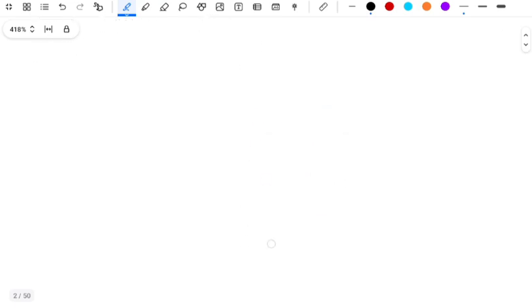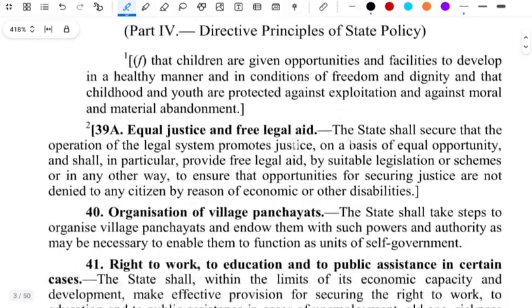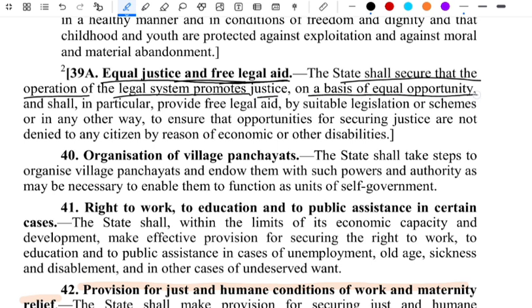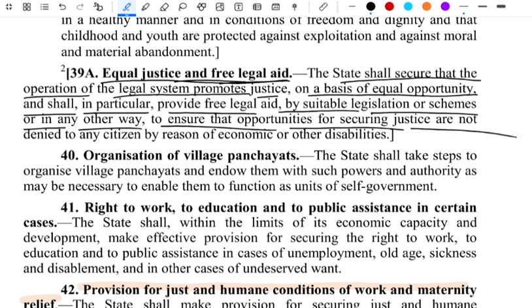So next, Article 39A, that was added with a constitutional amendment. The State shall provide free legal aid for the people. So what it says is that the State shall secure that the operation of the legal system promotes justice on the basis of equal opportunity, and shall in particular provide free legal aid by suitable legislation or schemes or in any other way, to ensure that opportunities for securing justice are not denied to any citizen by reason of economic or other disabilities.